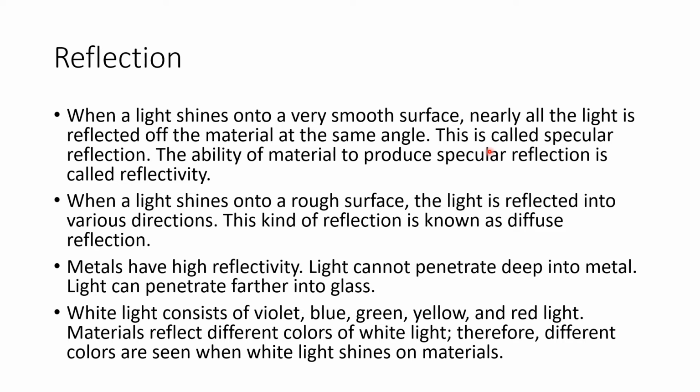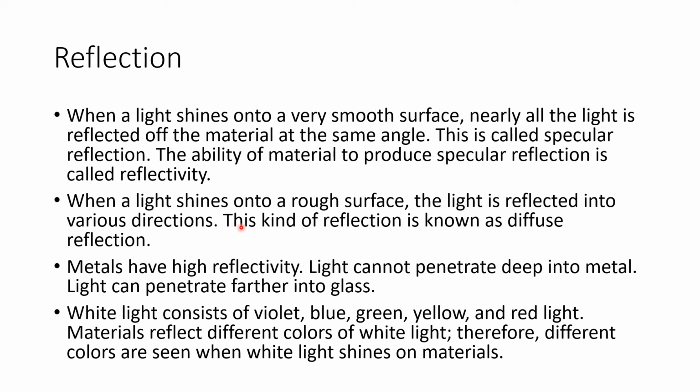We call that kind of reflection from smooth surfaces specular reflection. The ability of the material to produce specular reflection we call reflectivity. Light shines on a smooth surface, and nearly everything reflects back at the same angle.